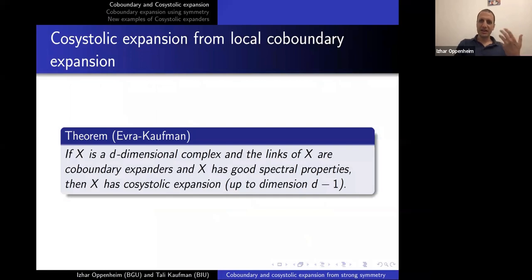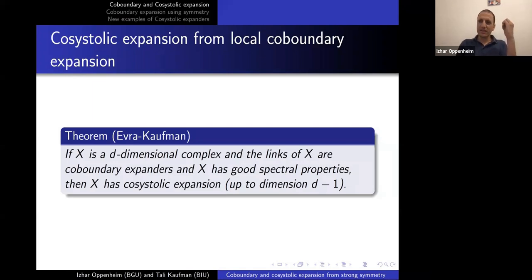Kaufman told us how to deduce cosystolic expansion. They said that if you start with a d-dimensional simplicial complex whose links are coboundary expanders, and the complex has good spectral properties, then you can get cosystolic expansion.